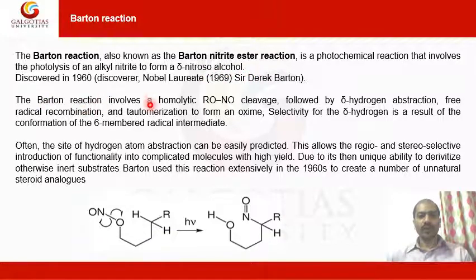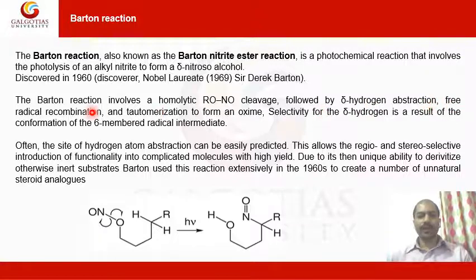The Barton reaction involves homolytic fission between R, the long chain carbon, which could be a 4 or 5 membered straight chain carbon, and NO. Here the photolysis takes place with cleavage between these two heteroatoms, followed by delta hydrogen abstraction. So alpha, beta, gamma and delta positions, if you see in this reaction. This is what is being stated here.